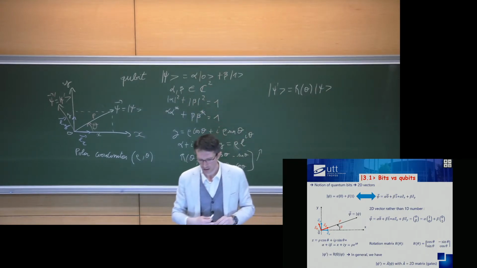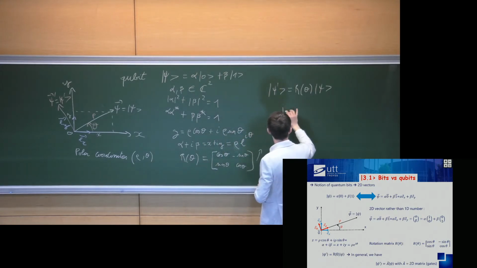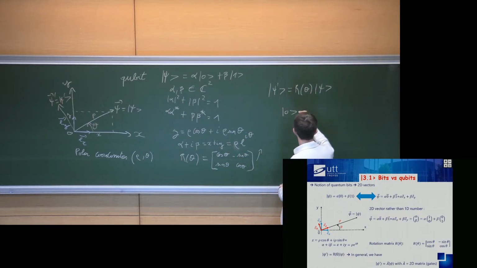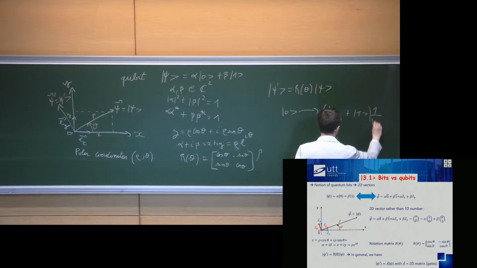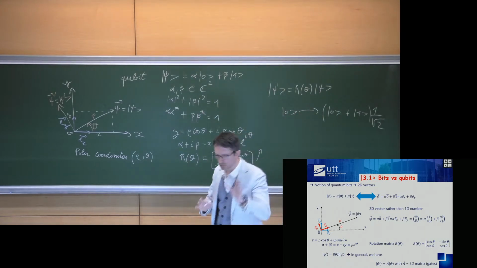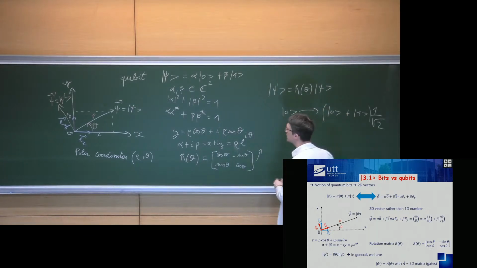You could decide to go from this state, which is 0, which is not a superposition state, to this one. And if we want to normalize, we have a normalization factor. We will see that later on.